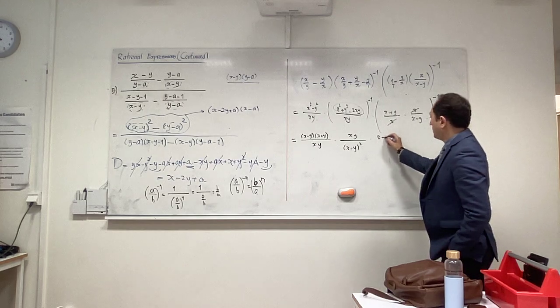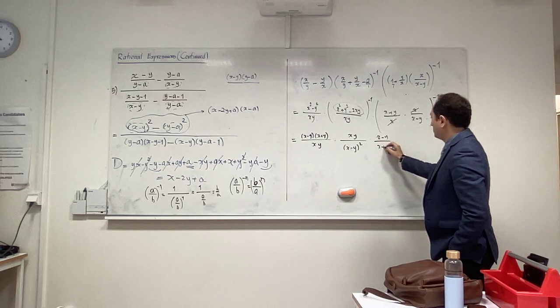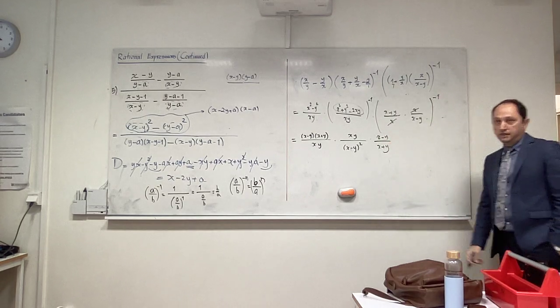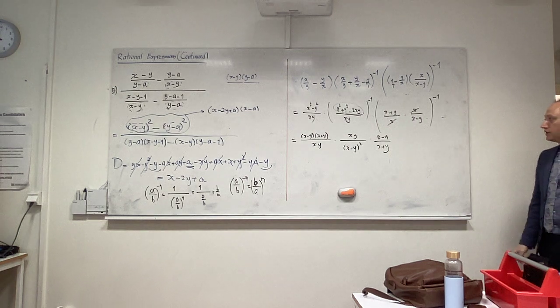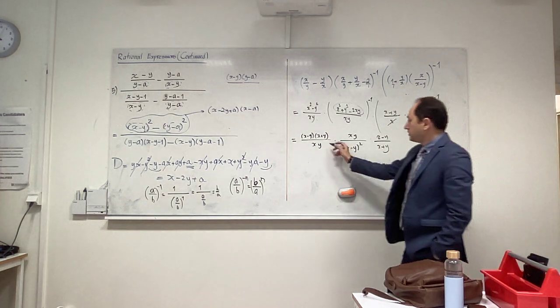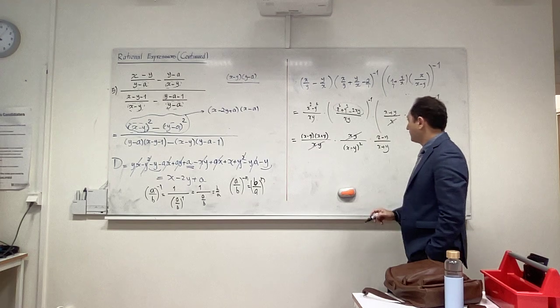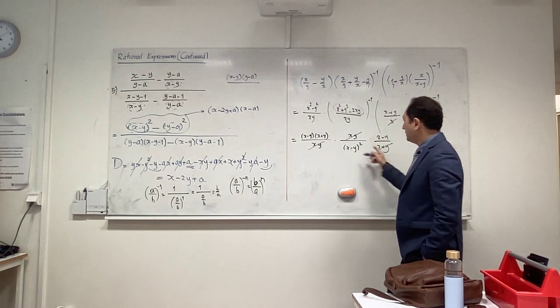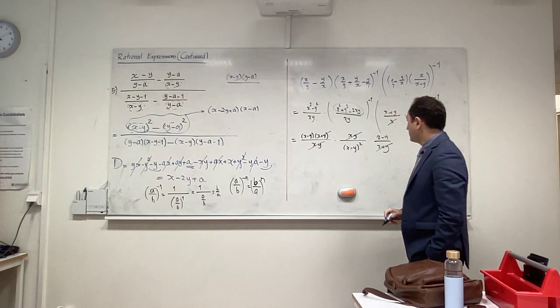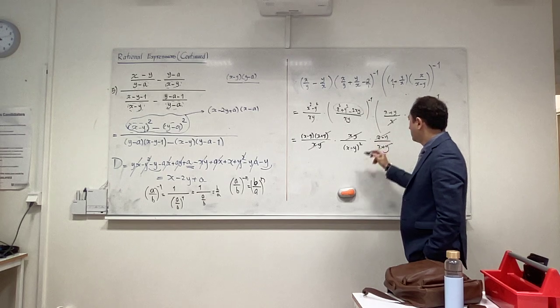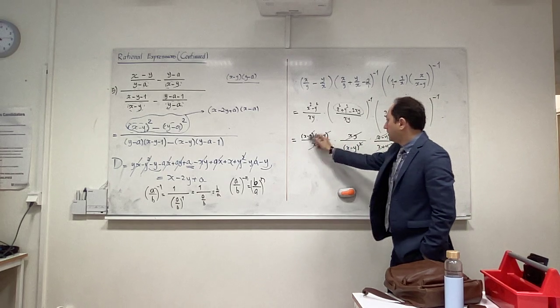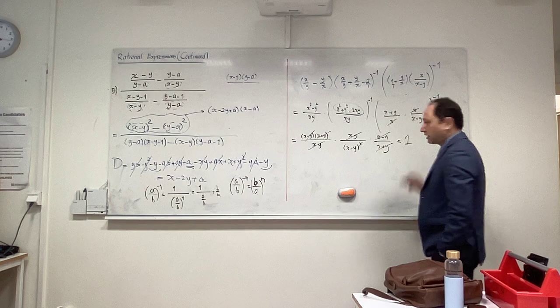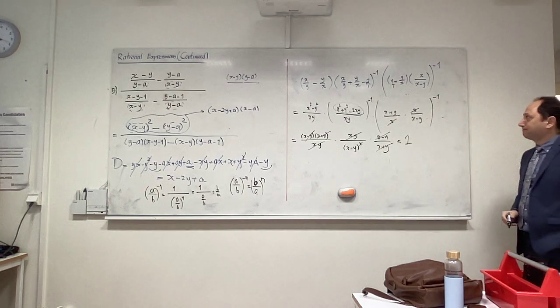So it becomes x minus y, x plus y. Yes? And now everything is very simple, yes? Because xy and xy are gone. This xy from here will be cancelled with that x plus y. X minus y, one of them, and the other one of them. So the answer is again 1. Yes?